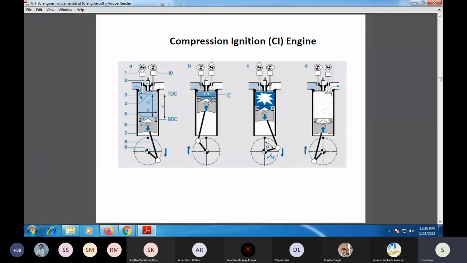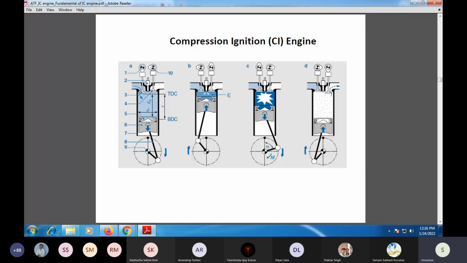There is one parameter called compression ratio that I have not introduced right now. The compression ratio is the total volume of the combustion chamber divided by the clearance volume. You already know what the clearance volume and the total volume are. There were three kinds of volume we have already discussed: displacement volume, clearance volume, and total volume.